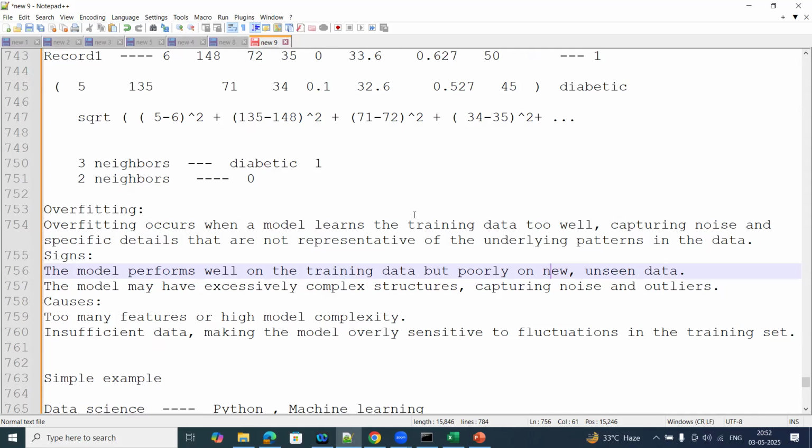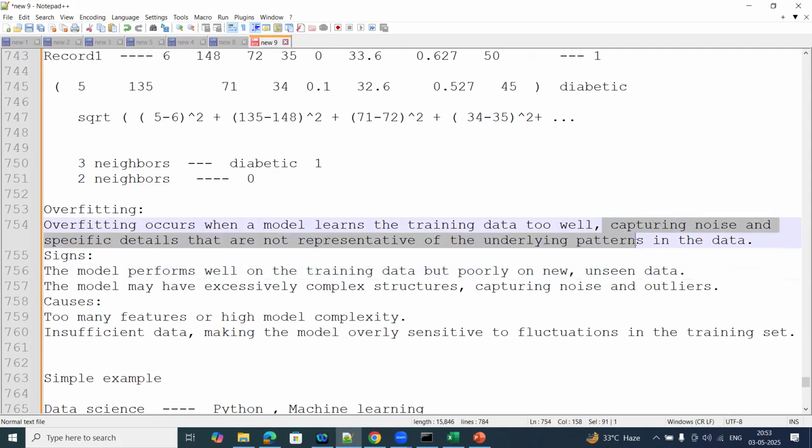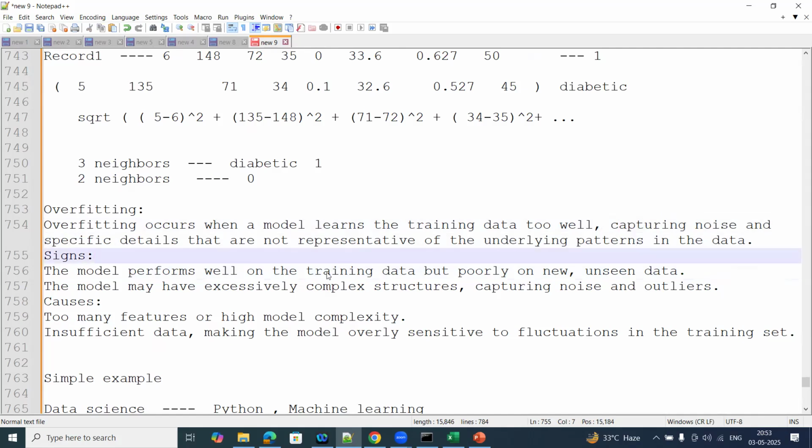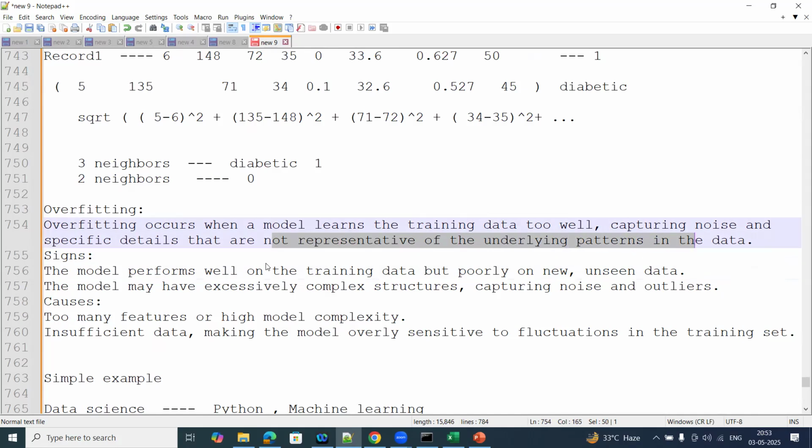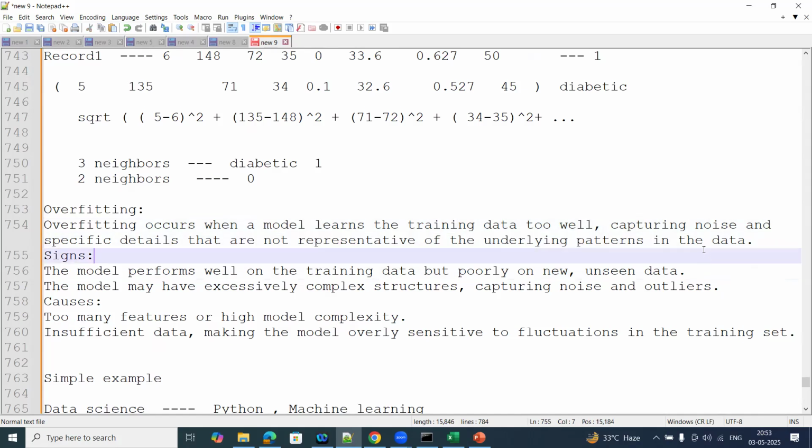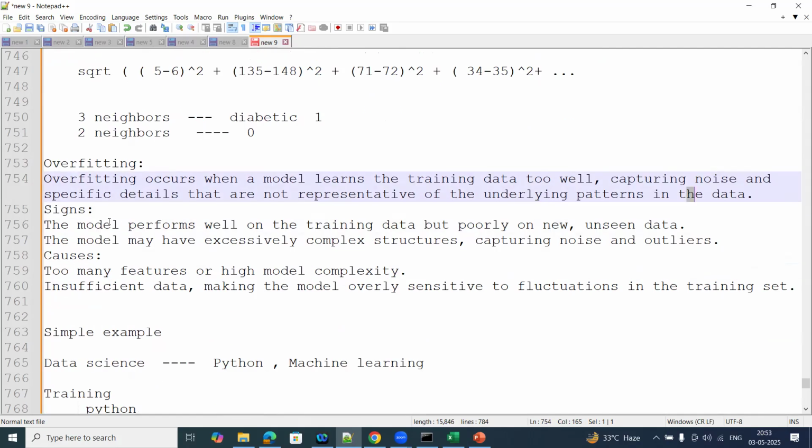But it is not able to capture the exact patterns, and with unseen data, it may not perform well. The model performs well on the training data, but poorly on new unseen data, because the questions are asked in a different way and it is not able to answer.